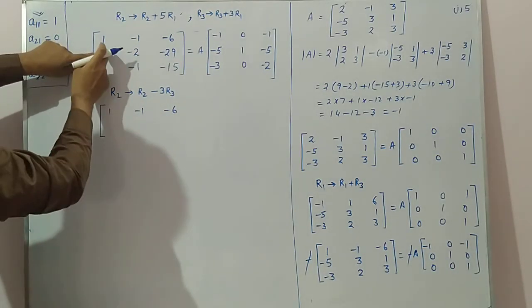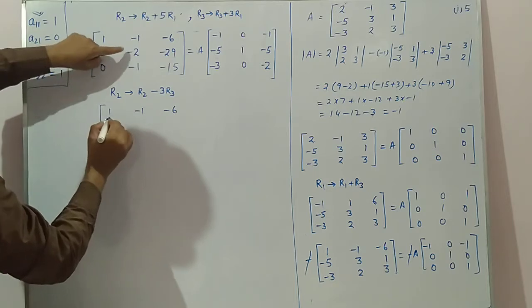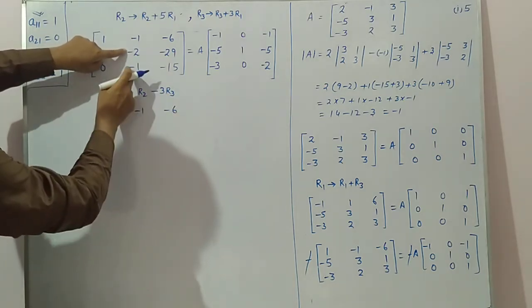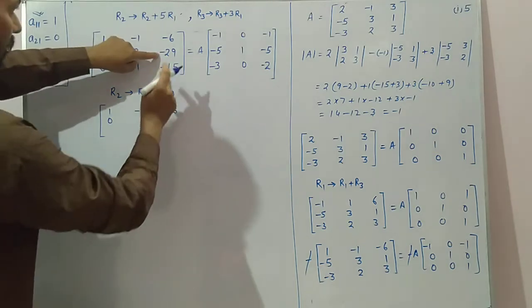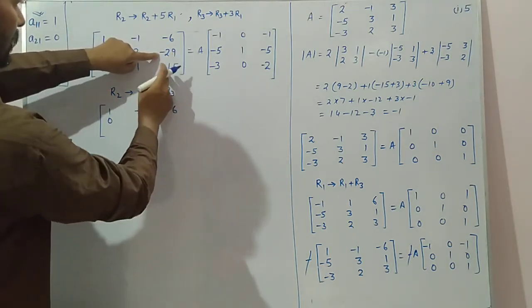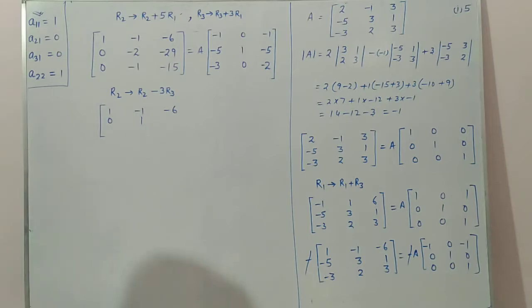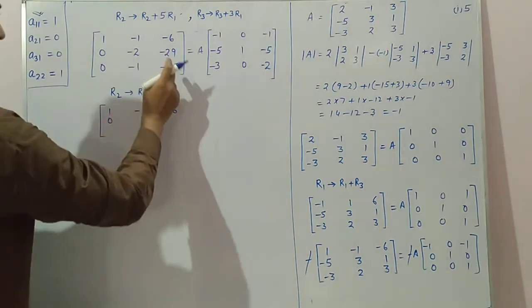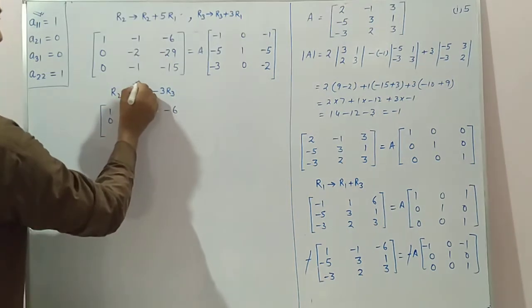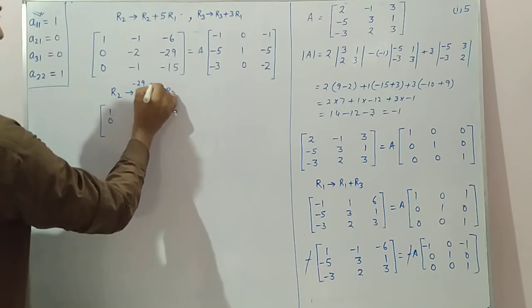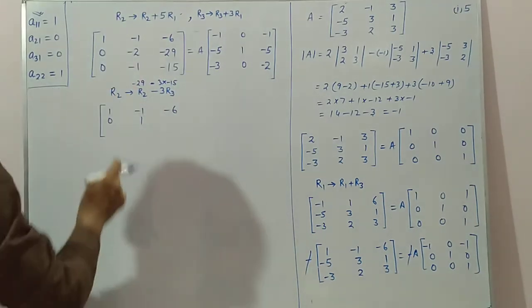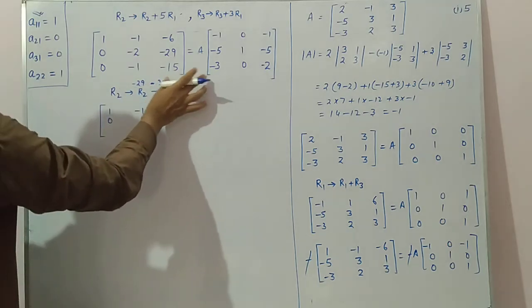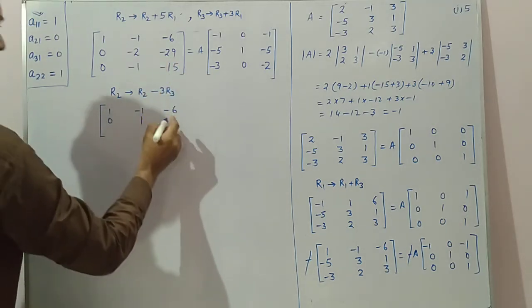R2 plus 3R3, this is 0. Minus 2 plus 3, that will be 1. This is minus 29 minus 3 into minus 15, that will be plus 45. You can check here, that is minus 29 minus 3 into minus 15. You can put the value, minus 29 plus 45, we are getting 16.